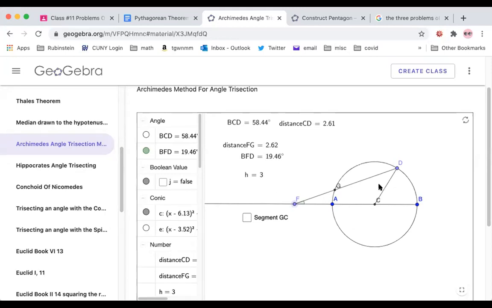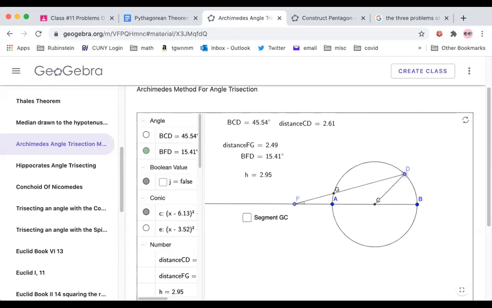Now, accomplishing that is its own problem, because how do you do that? But if I could find this perfect point F, the point that, if you connect F to D, makes FG the exact same length as the radius of the circle, then DFB will always be 1/3 of DCB.